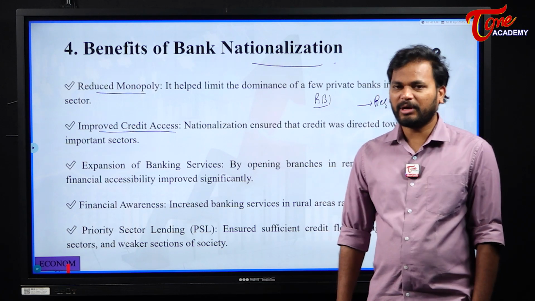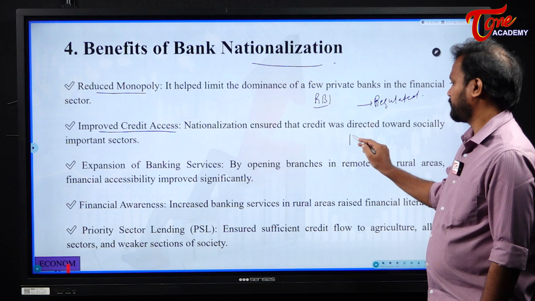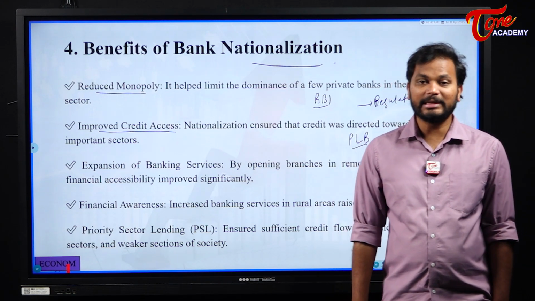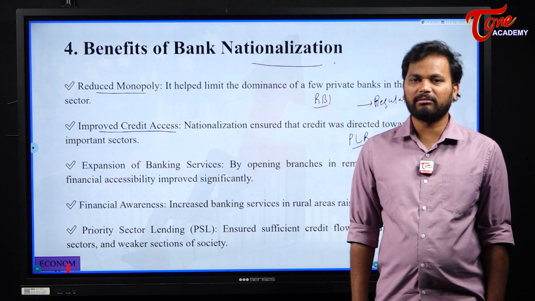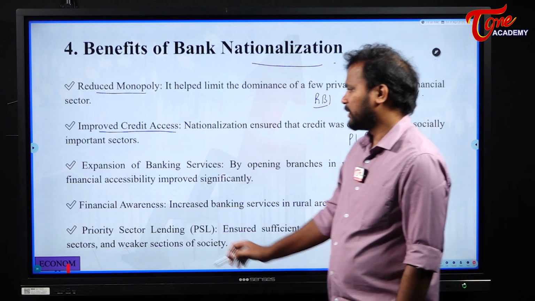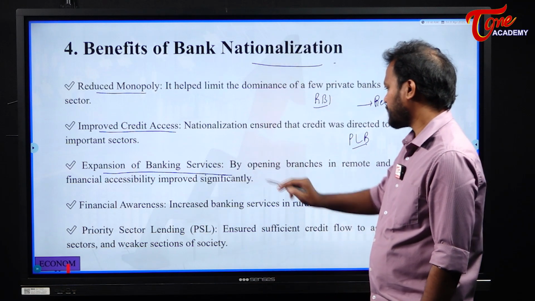For example, you have the priority lending system, where certain key areas are identified by the government, and now the banks need to allot certain loans to these key areas. Clear? Next, expansion of banking services.